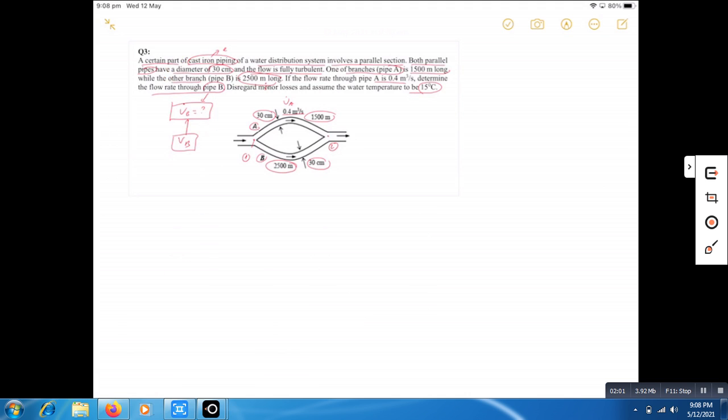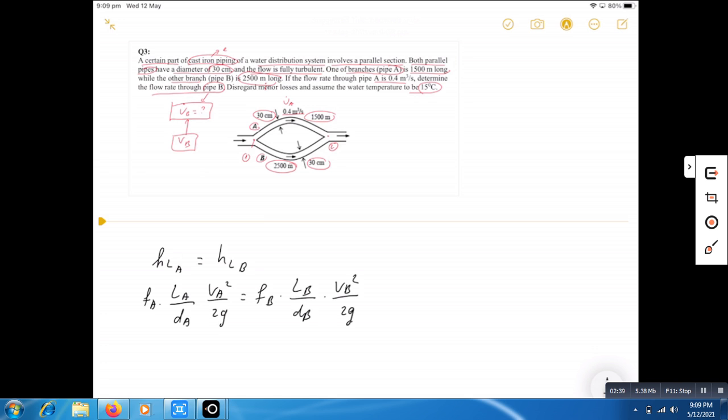It means you will have hL A equal to hL B. Because we can ignore the minor losses, we only have major loss, or friction loss, equal to fA LA over DA times VA squared over 2g, equal to fB LB over DB times VB squared over 2g.